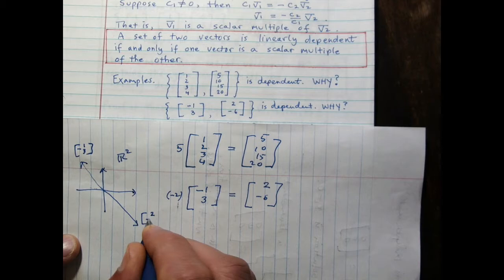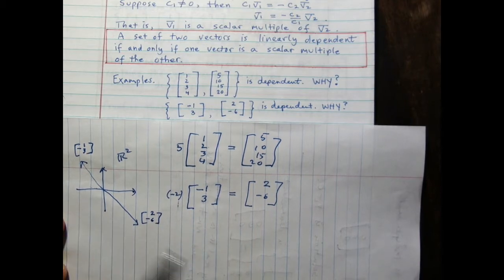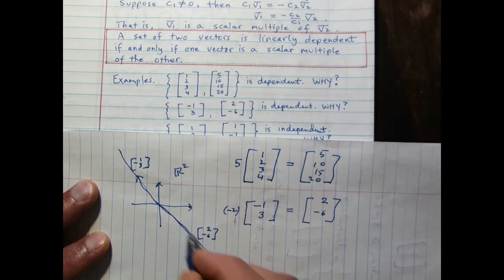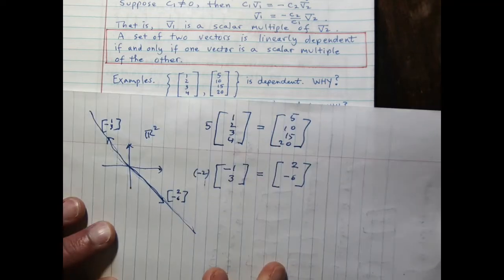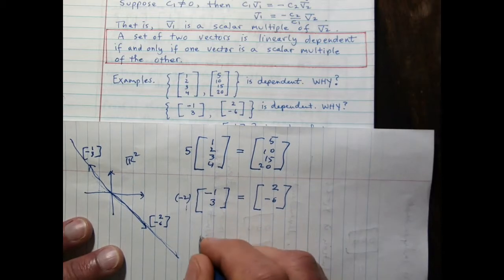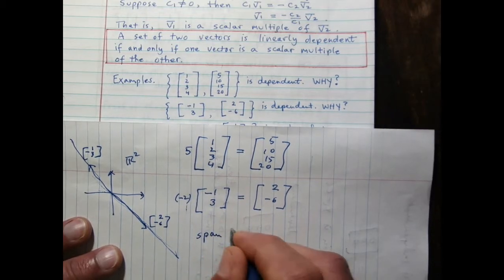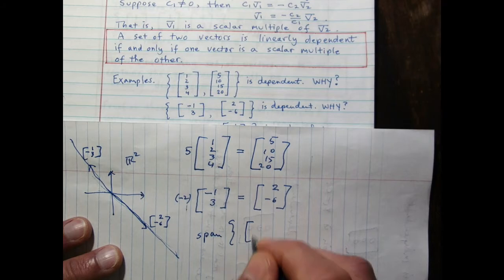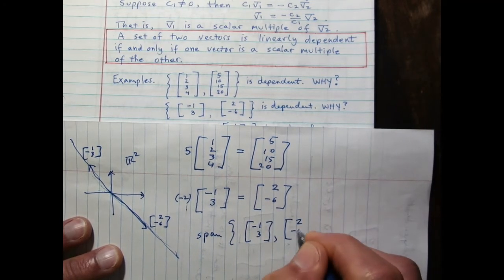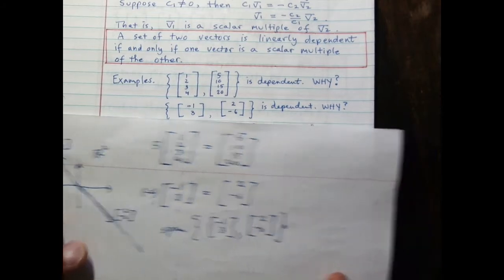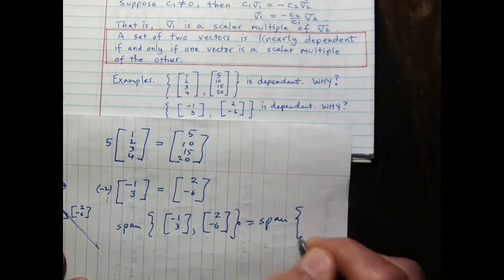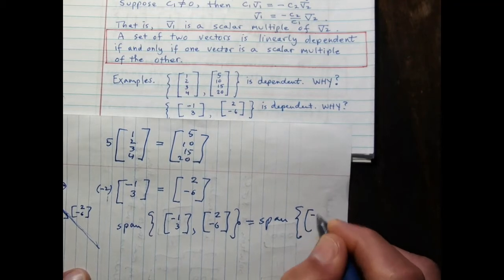Here's (2, -6). When two vectors are scalar multiples of each other, they lie on the same line. Another way to word this is the span of the set (-1, 3), (2, -6) is equal to the span of just (-1, 3).